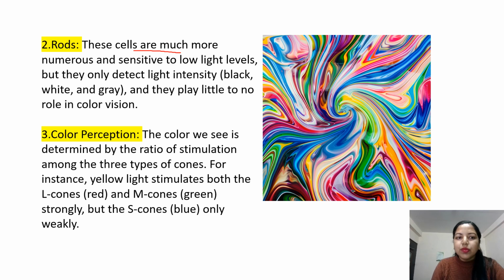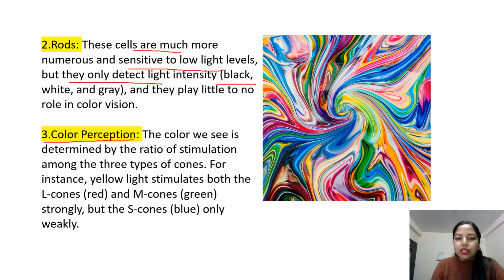Rods are much more numerous and sensitive to low light levels, but cones are sensitive to brighter light levels. Rods can only detect light intensity, which is black, white, and gray, and they play little to no role in color vision.